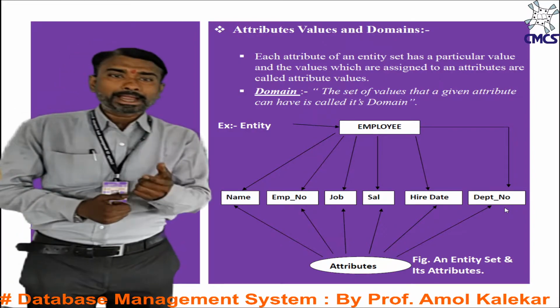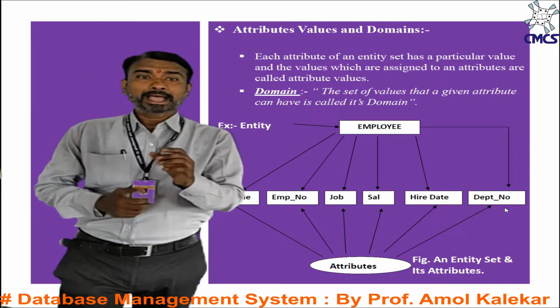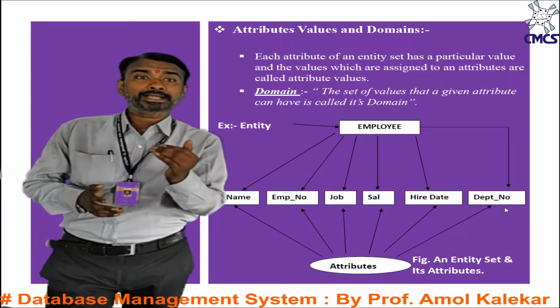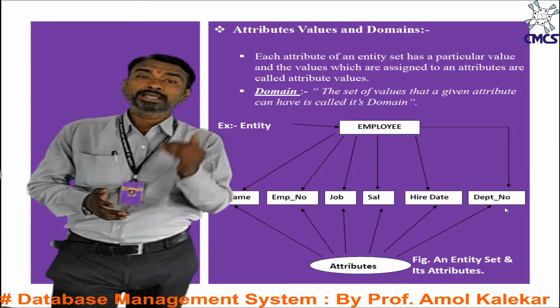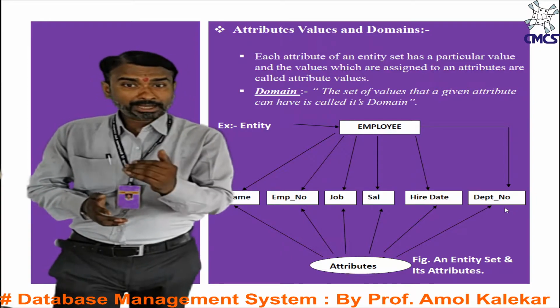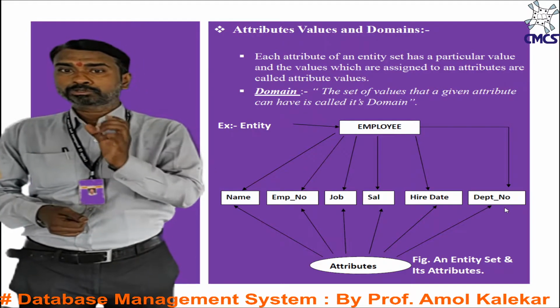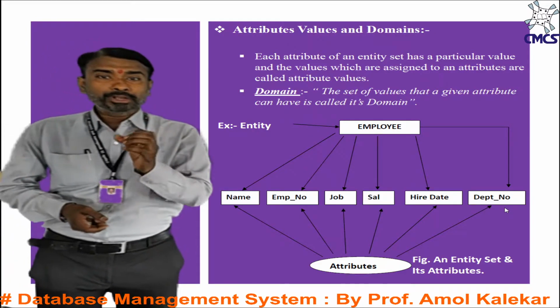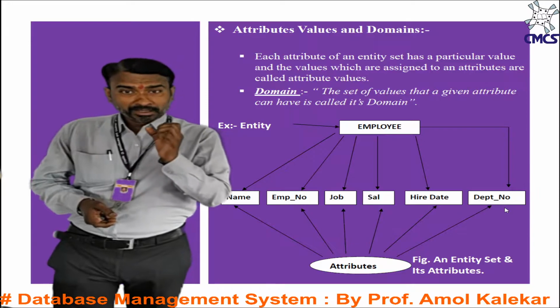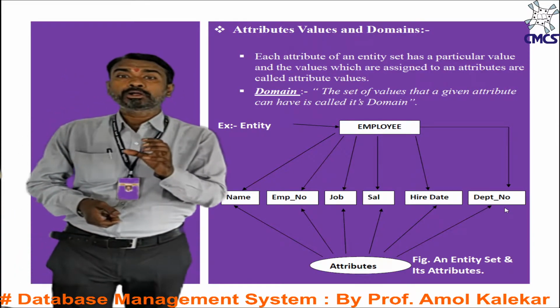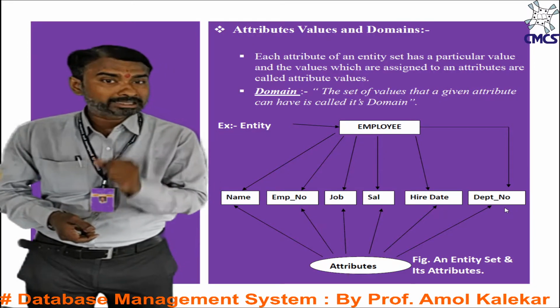Each attribute of an entity set has a particular value, and the values which are assigned to the attributes are called attribute values. Whenever we assign values to the attributes of the entity set, every value assigned to an attribute must belong to a particular domain as well.